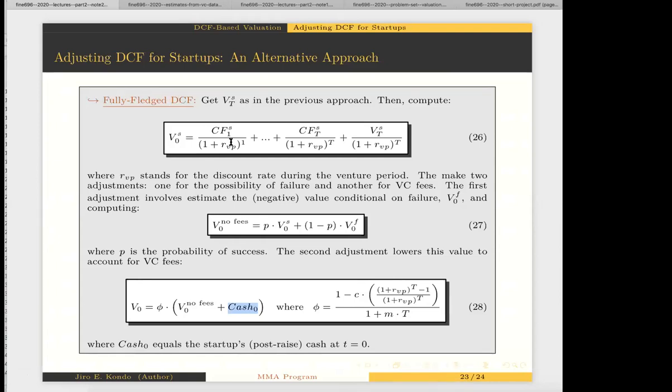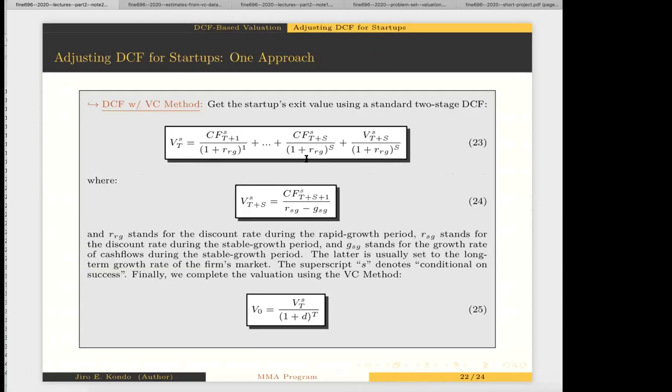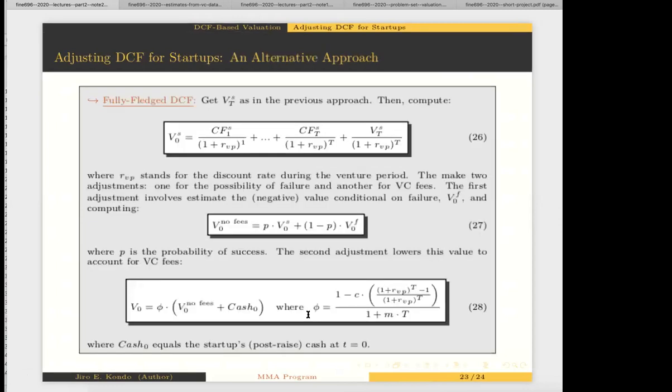I call it fully-fledged because we're incorporating a lot more information in doing this valuation than in the prior valuation. As a general rule of thumb, this is an easier method to implement in practice because you need to make fewer assumptions. But the drawback is that you're assuming that your company is a relatively typical startup for this round of funding. Approach 2 is trying to be more rigorous and models more things directly.